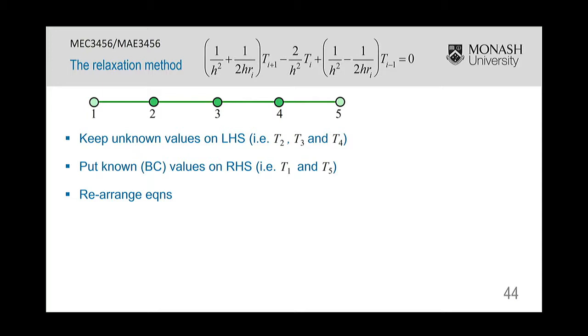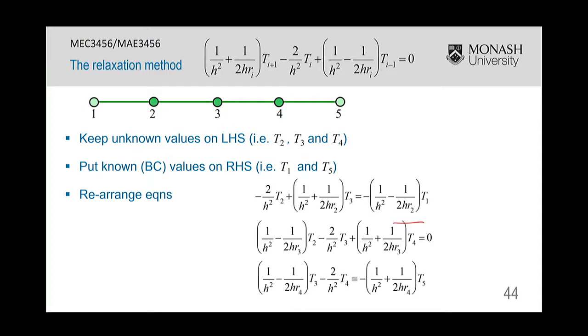Put all of the boundary condition values that we know on the right-hand side. That's T1 and T5. And let's rearrange those three equations on the previous slide. So we've moved the known value of T1 to the right-hand side, kept the unknowns on the left. That's our middle equation. And that's our third equation, again, where we've moved our known value of T5 and its coefficient across the right-hand side.